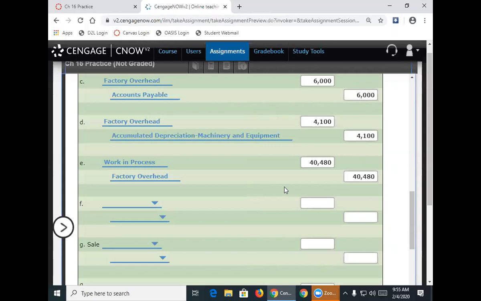Yes, my applied is greater. I applied more than the actual charge. So at the end of the month, what I would do is calculate that amount. How much did I over apply?